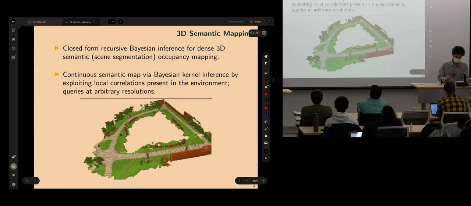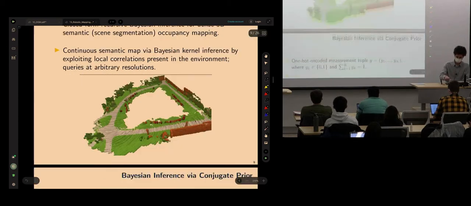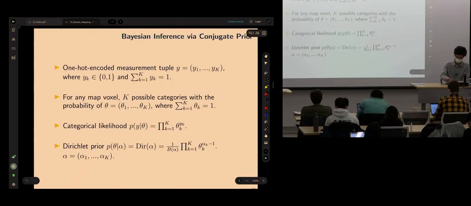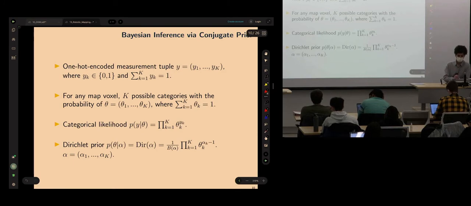This is an example of a map that we can build. It's here on campus. This is around the wave field behind the aerospace department. So the Bayesian inference via conjugate prior is, if we formalize it, like this.